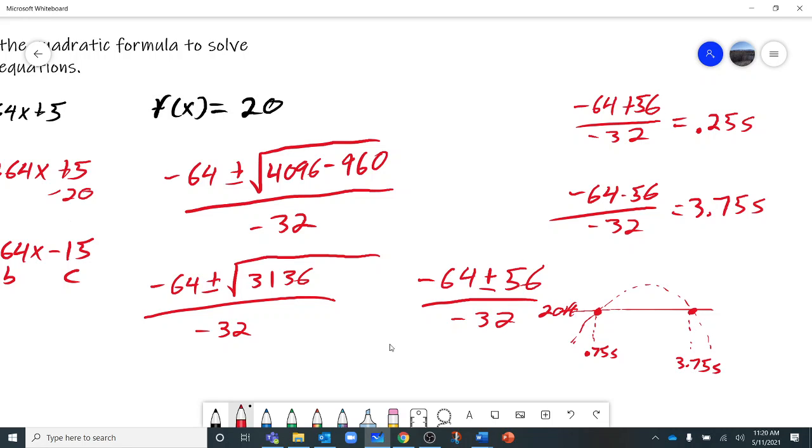And actually, from that information, you should be able to find the time for the vertex, or our axis of symmetry. Should be 2.25.